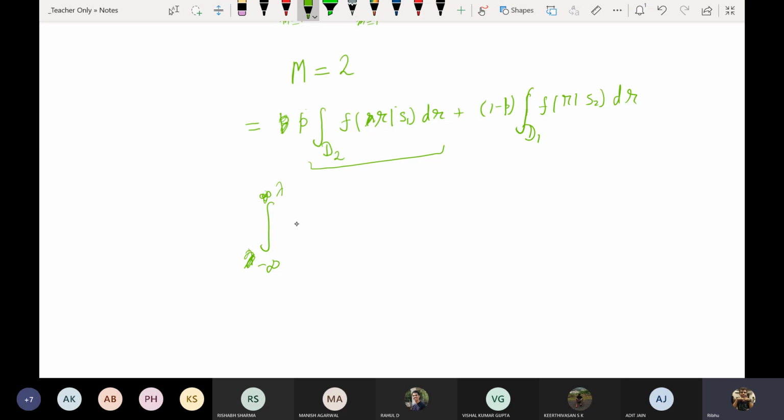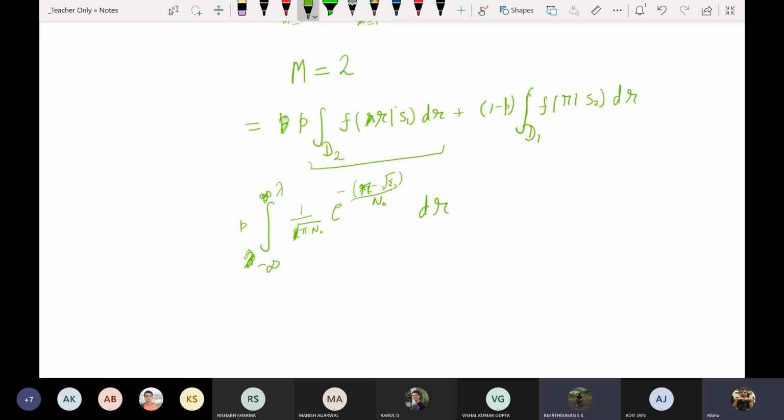The integral from minus infinity to lambda of 1 over root of pi N_0 times e to the power minus the square of R minus root E_s over N_0. Fine. This times P. Agreed?